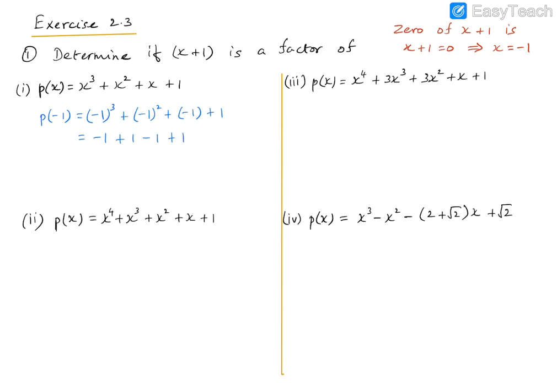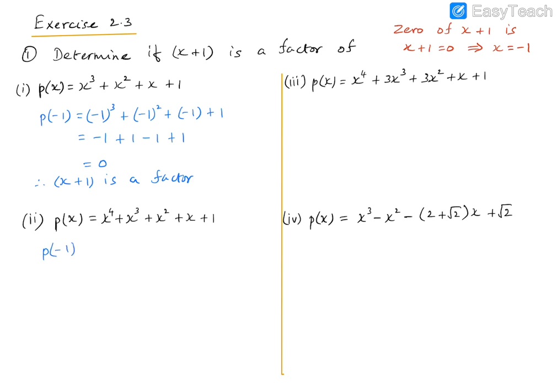So we have -1 plus 1 -1 plus 1, so that means it is equal to 0. So therefore x plus 1 in this case is a factor of this particular p of x. Similarly we'll do it for the second polynomial.